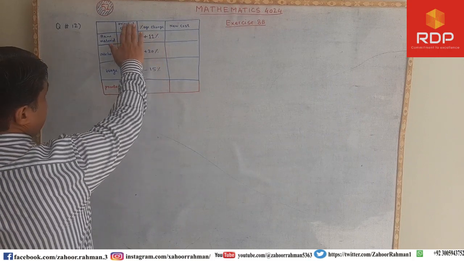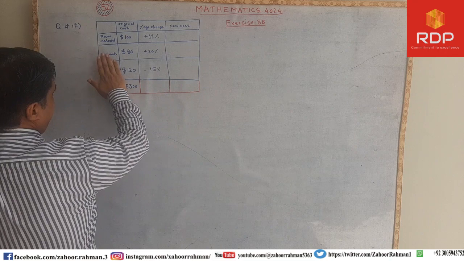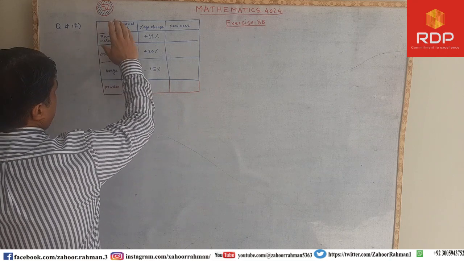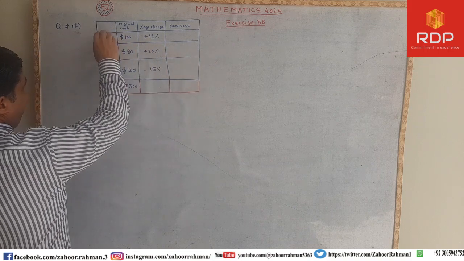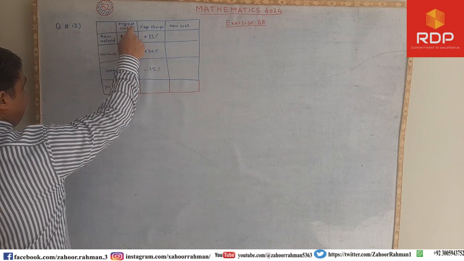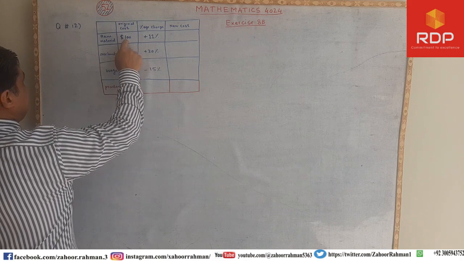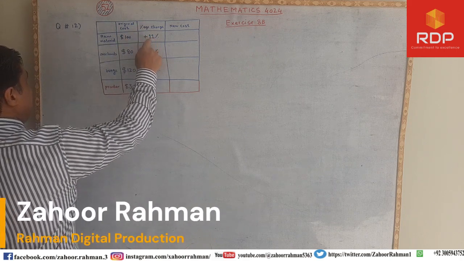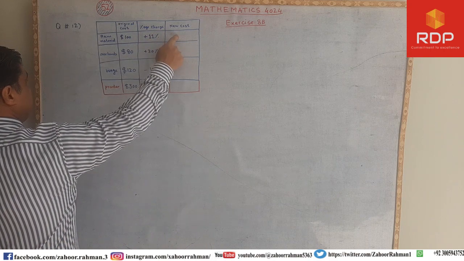So I presented all this information in the form of a table. The production cost of the printer has raw materials with an original cost of $100, which is increased by 11%. So we have to find the new cost.